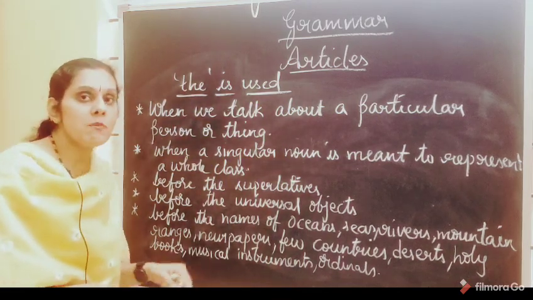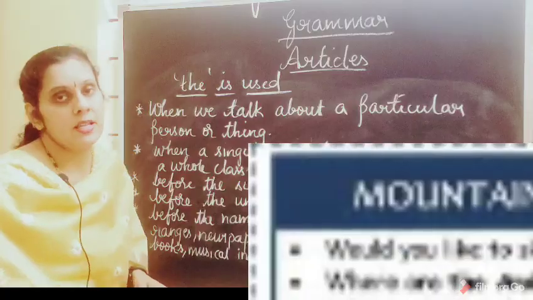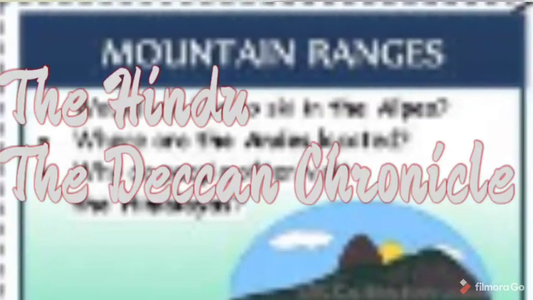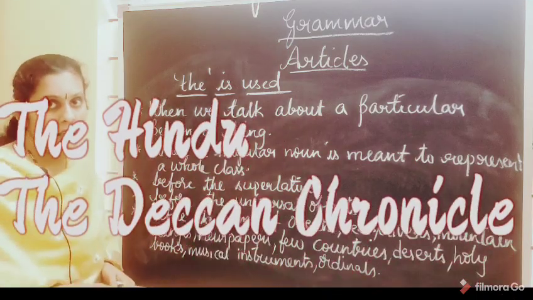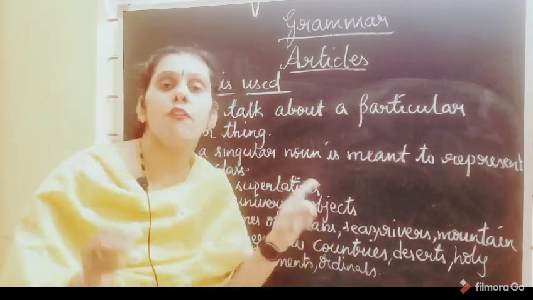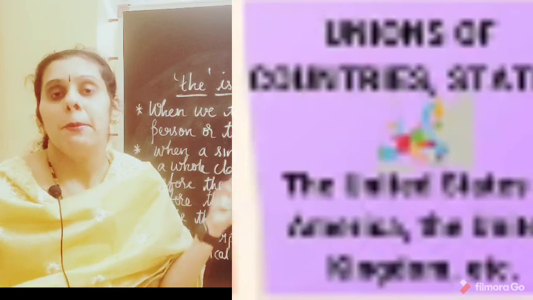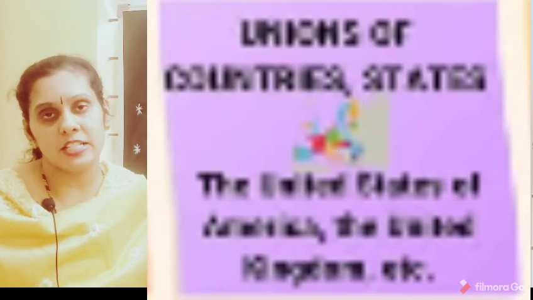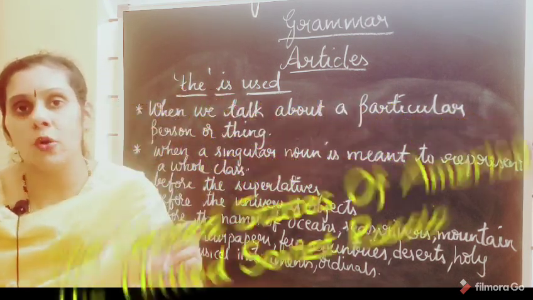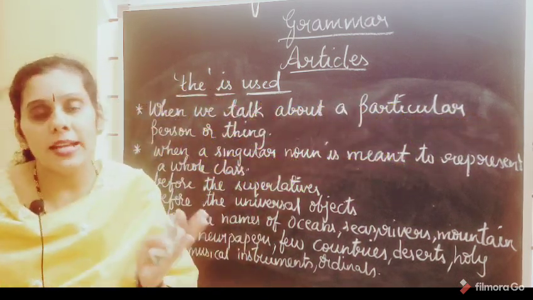Next, before the names of a few newspapers, like the Hindu, the Deccan Chronicle, the Deccan Herald. Next, before the names of a few countries, not all countries, like the United States of America, the United Soviet Russia, the United Kingdom.